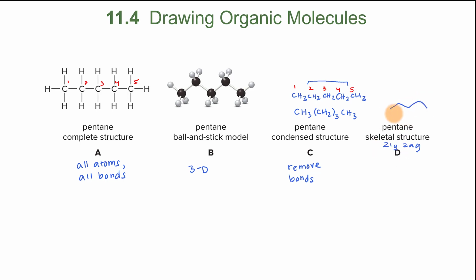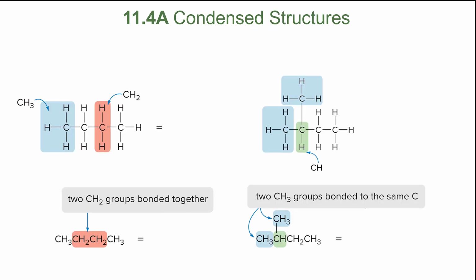Each of those points represents a carbon. And the H's are implied. On the condensed structures, all atoms are drawn in.